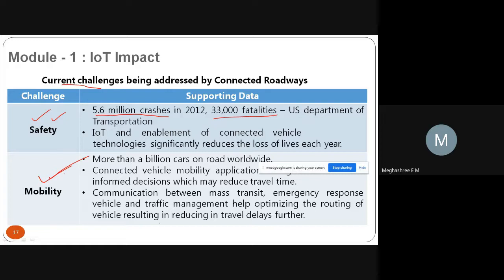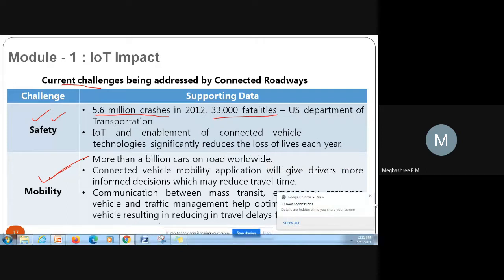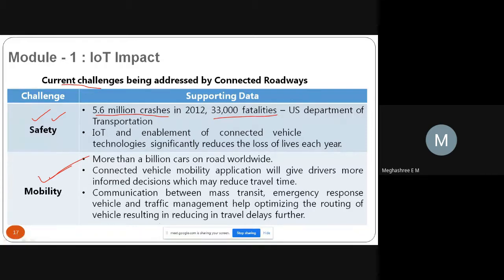The second one is mobility. Mobility says that connected vehicle mobility application is an application implemented with respect to IoT. All the vehicles are connected to the transportation infrastructure, which is nothing but IoT.